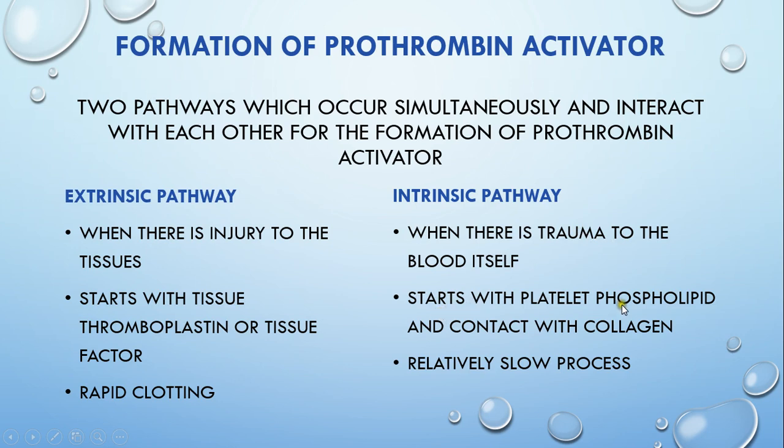It starts with the platelet phospholipid or contact of blood with the exposed collagen. The extrinsic pathway is activated due to the tissue factor or tissue thromboplastin in response to injury to the tissues. It is the rapid clotting mechanism. Both mechanisms result in the formation of prothrombin activator, and they occur simultaneously and interact with each other.